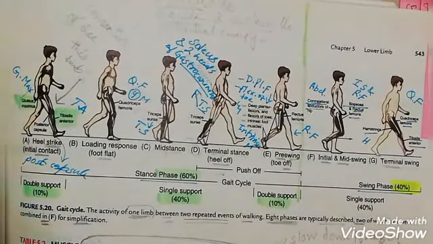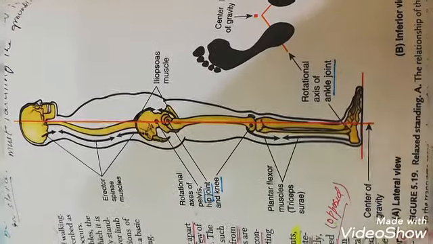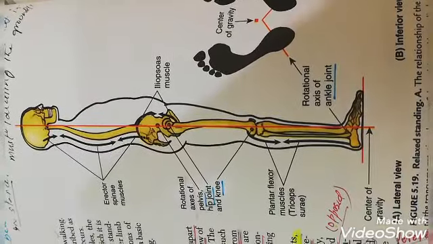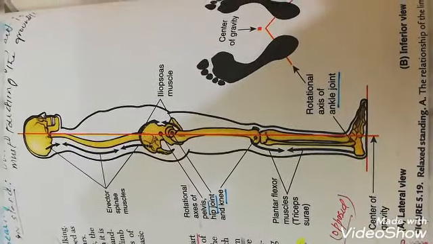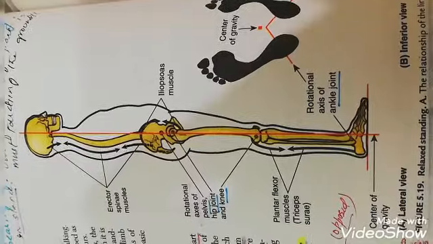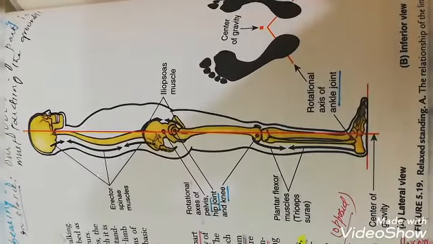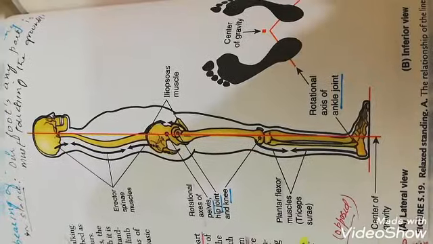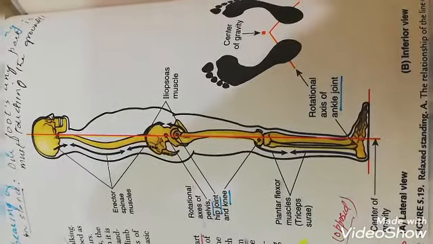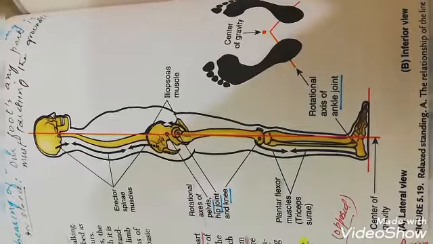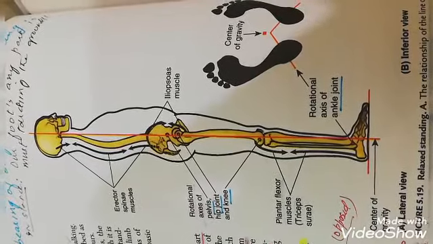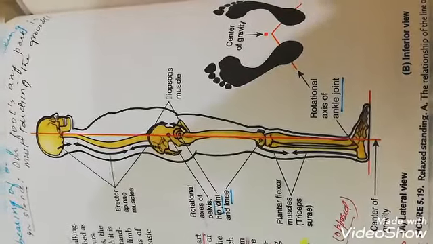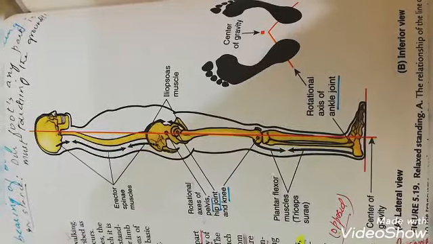Thank you very much. Let's summarize the gait cycle, which you call walking or locomotion. Though it's a complex function, we have to make it simpler. Let's take an example of an aeroplane which has landed on the ground. That is your stance phase, 60%. And when the aeroplane takes off from the ground, that is the swing phase, 40%.